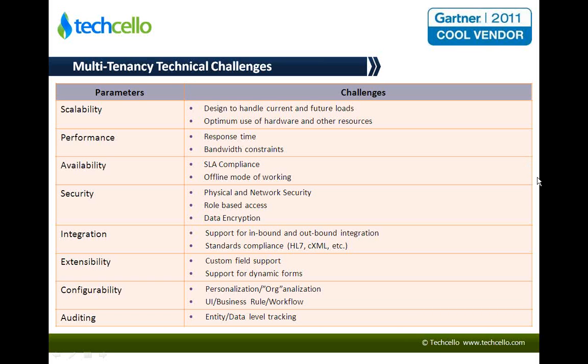Talking about scalability, we also saw that SaaS is all about a volume game. So you become more profitable as you keep adding more customers and as you keep adding more users to it. And the very nature of multi-tenancy means that you are having to support all these customers and all these users from a single instance running.